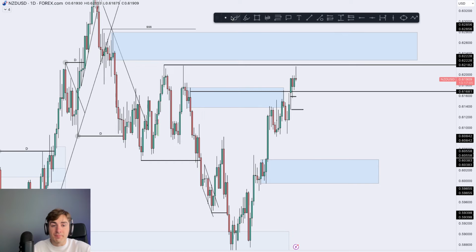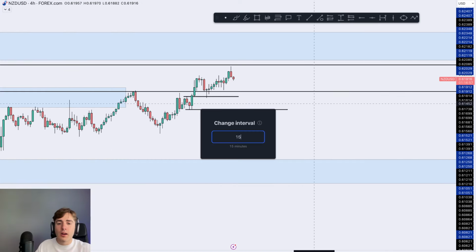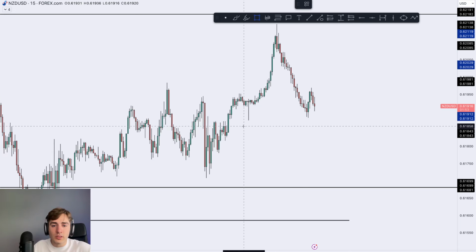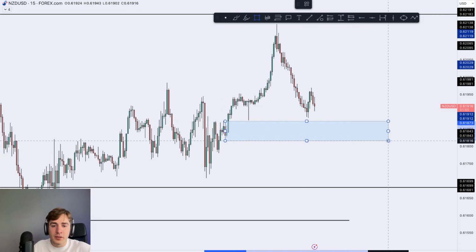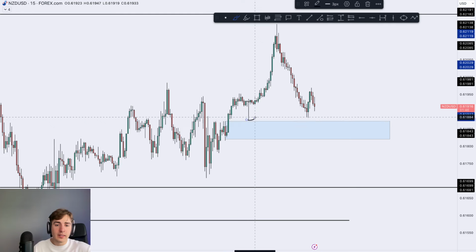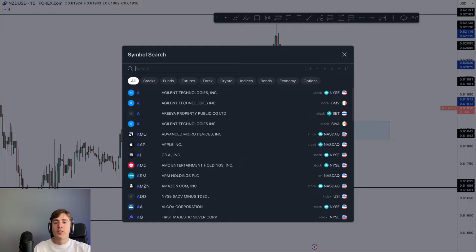I want to see at least one more push up to grab these highs and push in towards daily supply. So go in towards the 4-hour and otherwise the 15, and just monitor any potential longs that we can take. This is an area of demand that I'm looking at. So liquidate this low over here, liquidate this low, and then look for the change of character, then go long. So that's Kiwi dollar. Then gold.